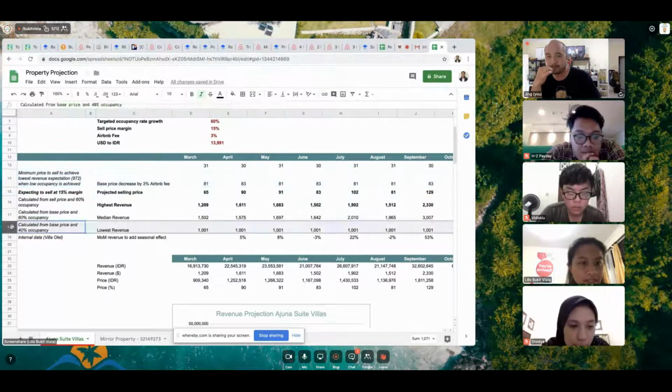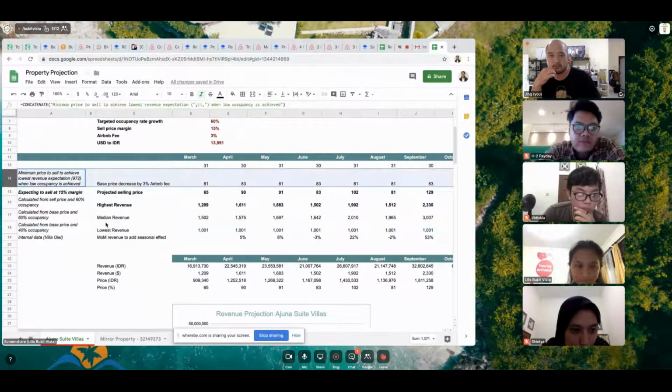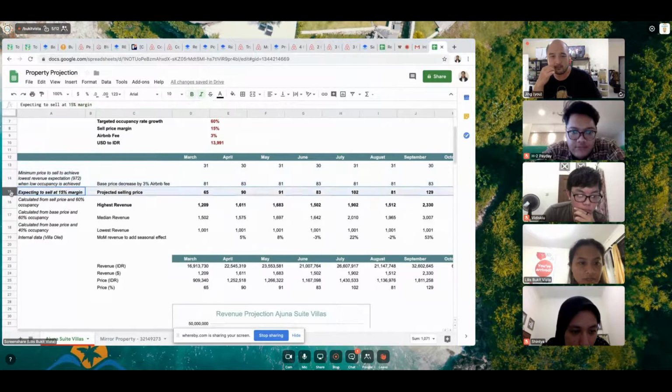And then the last one is the lowest, from 40% occupancy and also the base price, this one, without the BV fee. And then I got these three kinds of revenue.